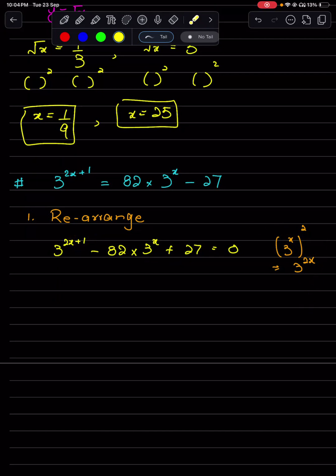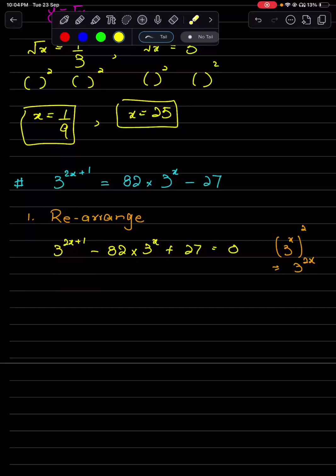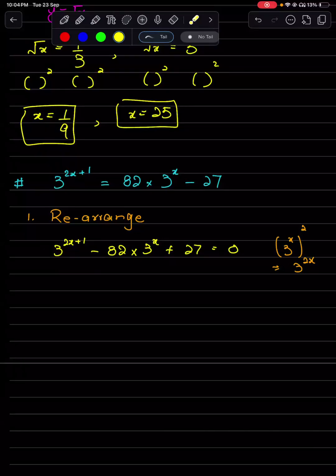Try to think of the laws of indices. Okay, so basically I can write this thing as 3 to the power of 2x into 3 to the power of 1. Remember the laws of indices?